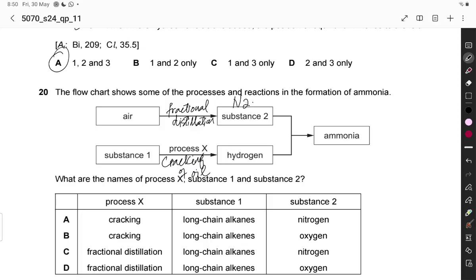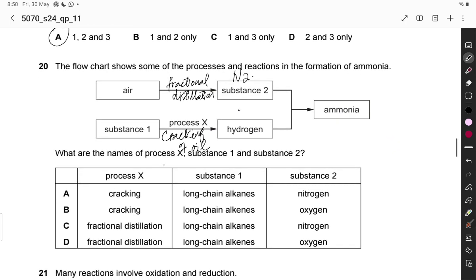So hydrogen and nitrogen form ammonia. What are the name of the process X? This is the cracking, and substance 1 is long chain alkanes. Yes, this is long chain alkanes, and substance 2 is nitrogen. A option is correct.